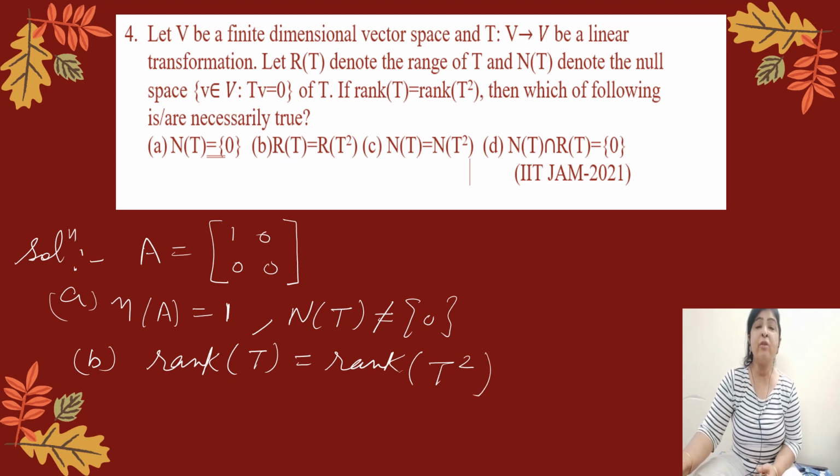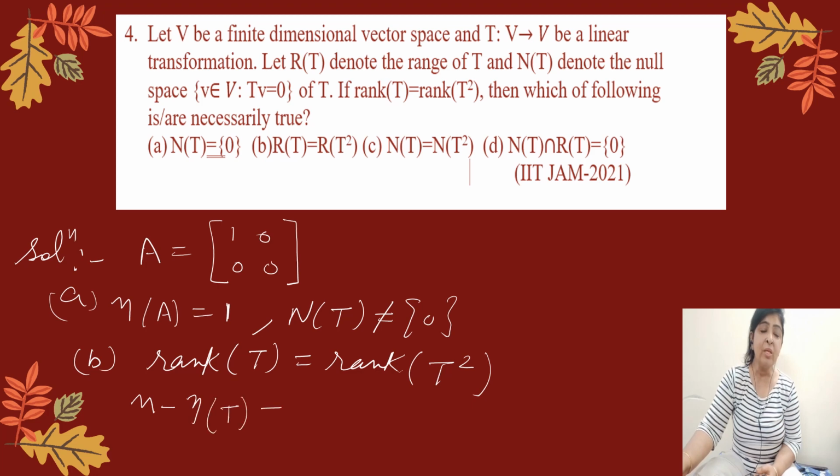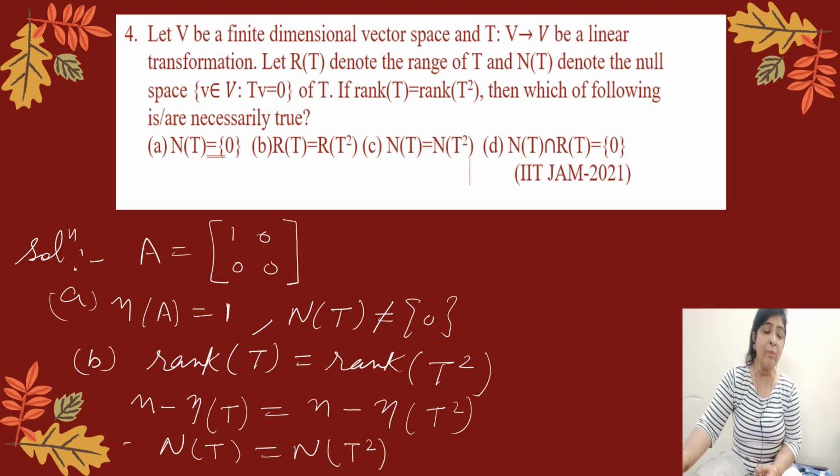Now we will use the formula rank of T plus nullity of T is equal to dimension of V. So this will be n minus nullity of T, where n is the dimension of V, is equal to n minus nullity of T square. n and n go, so you are left with nullity of T is equal to nullity of T square, and this implies range of T is equal to range of T square.